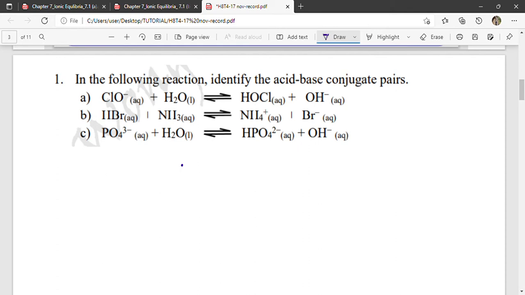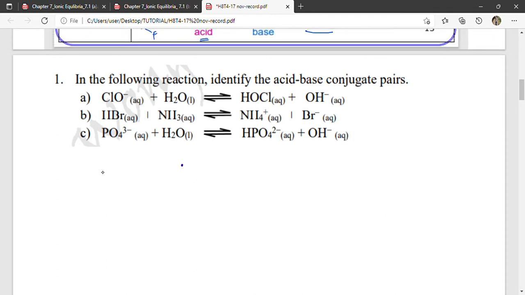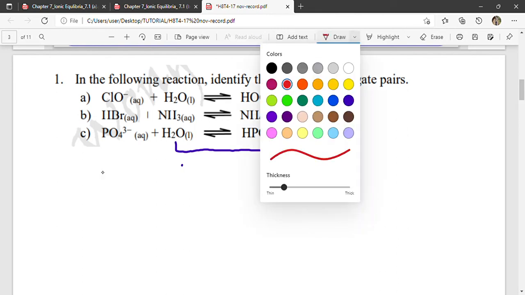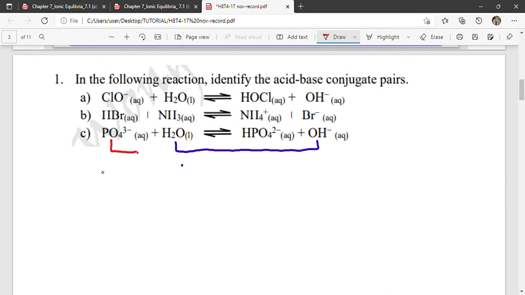So how do we solve this type of question? We need to identify the acid-base conjugate pairs. Firstly, you identify the pairs. H2O is paired with OH minus. Meanwhile, PO4 3 minus is paired with HPO4 2 minus. So first we draw the pairs.